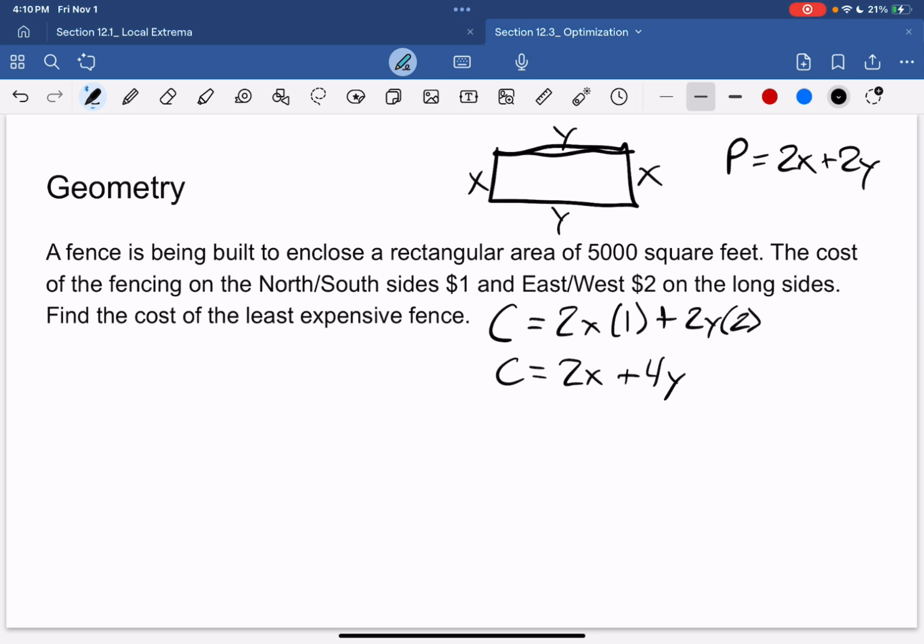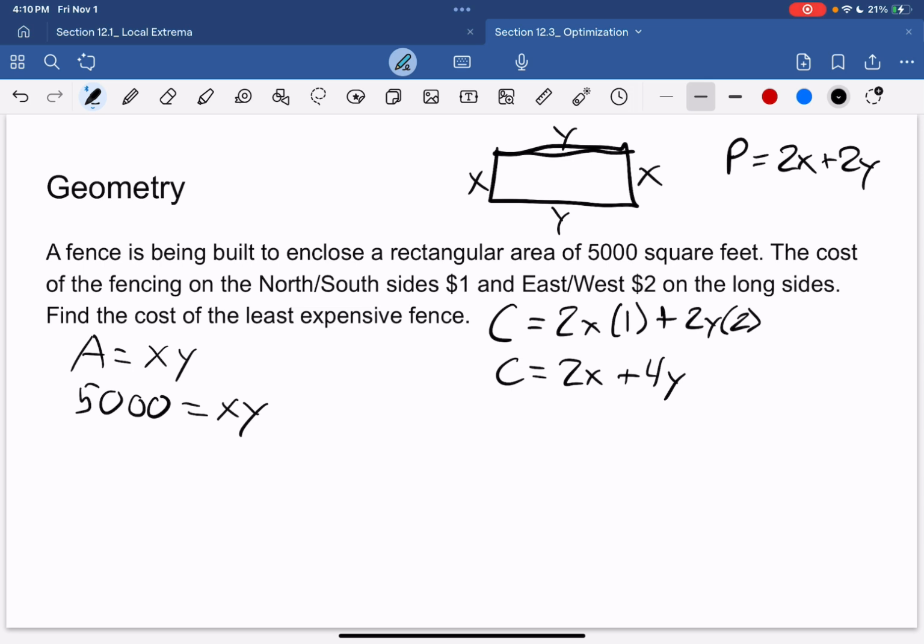I'm trying to minimize here, so I would normally take the derivative. Well, I do not know how to take the derivative of something with X's and Y's. So we need to do a little side work. The area needs to be 5,000 square feet, and area is equal to X times Y. I need to make sure that when I multiply my X and Y together, I get 5,000, because I have to enclose a certain area.